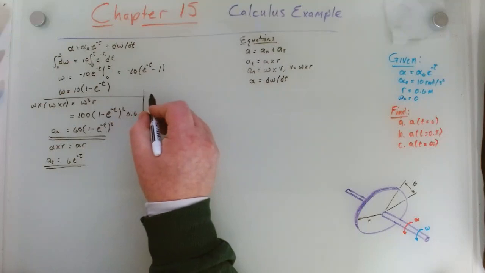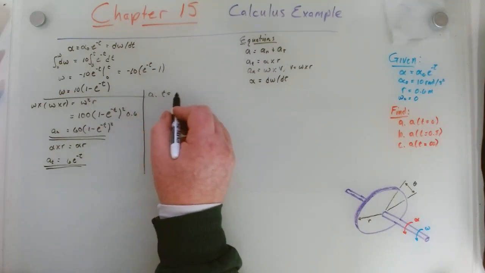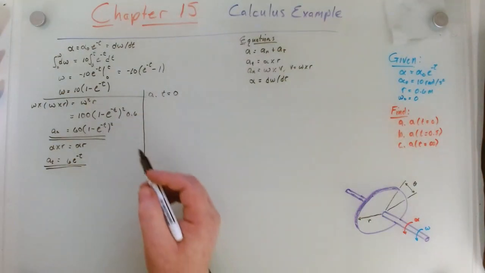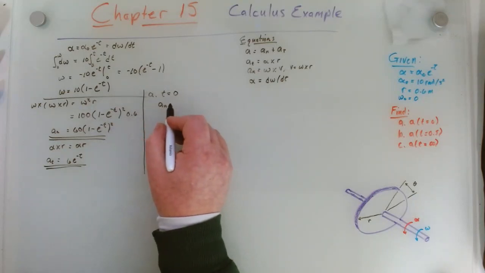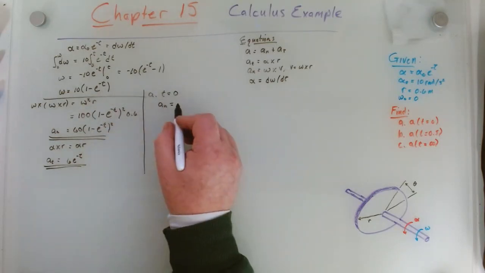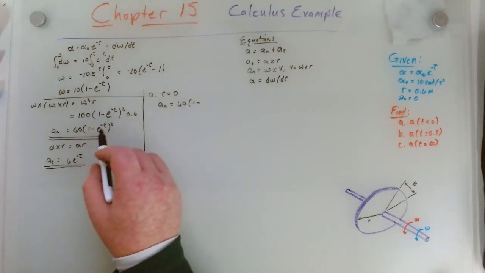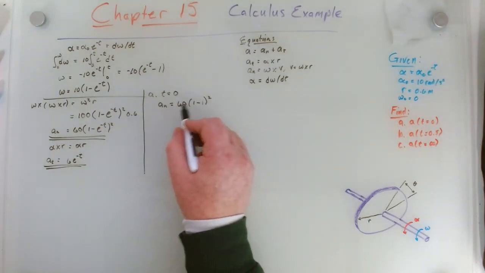All right, so for part A, t equals 0. That means that e to the minus t equals 1. So let's see, a sub n equals 60 times (1 minus e to the 0, which is 1) squared. That goes to 0.